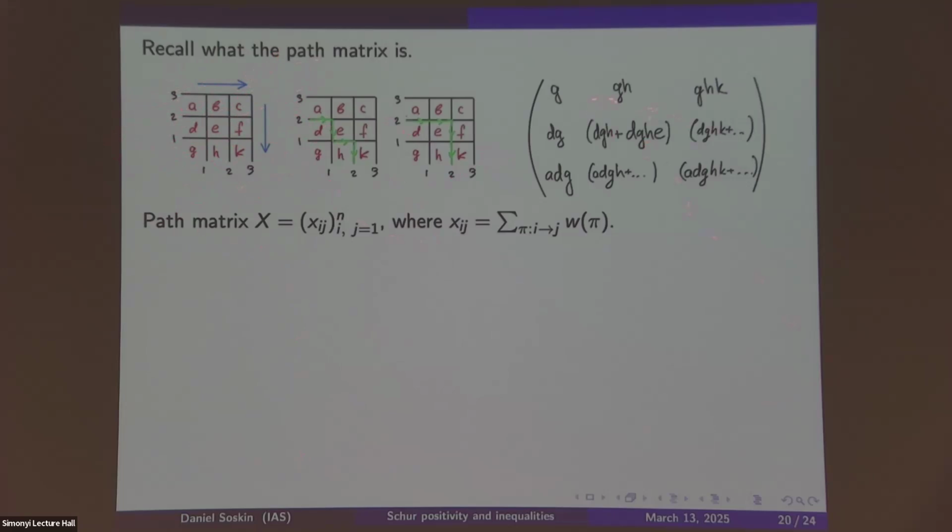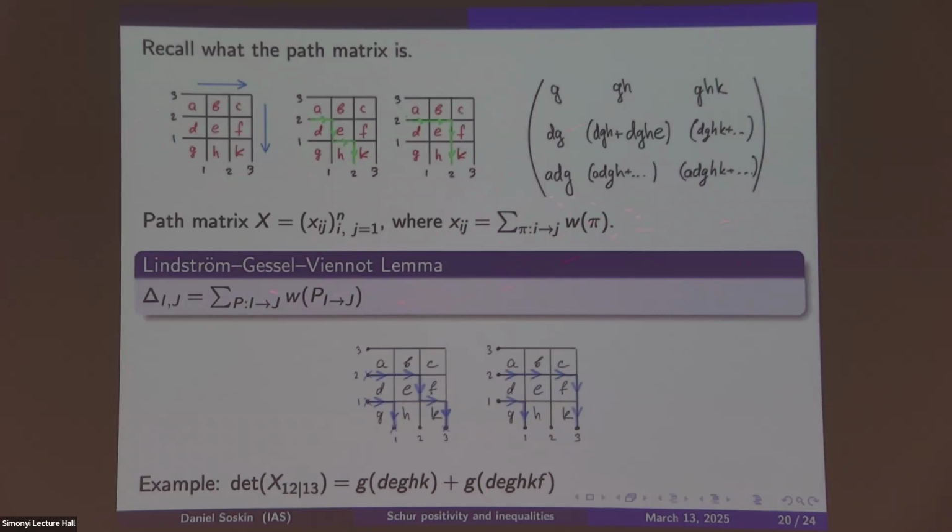If you want to find the entry of the path matrix indexed by i, j, you take the sum over all possible paths from i to j, and we sum the weights of each path, which is the product of the weights under the path here. There are other ways to define a path matrix as well.